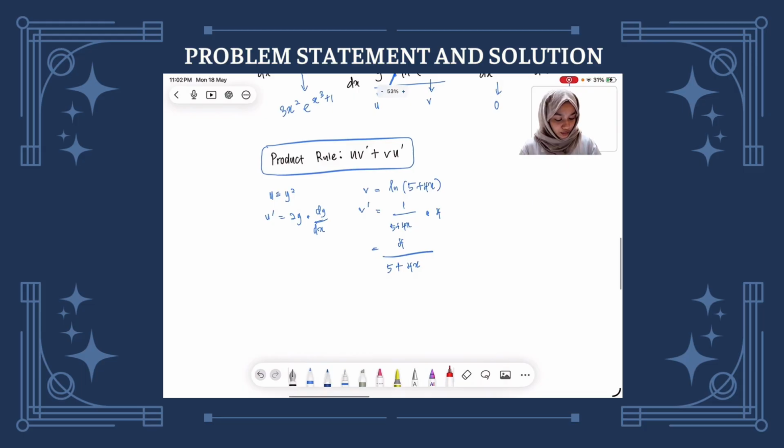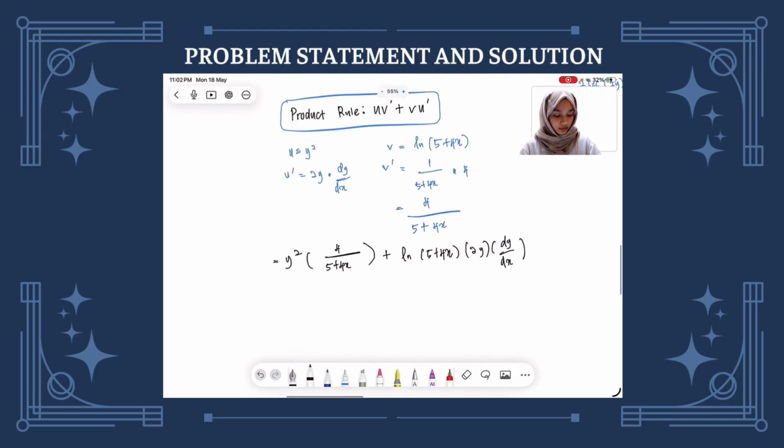Next we use this formula: y squared times 4 over 5 plus 4x plus ln of 5 plus 4x times 2y times dy over dx.